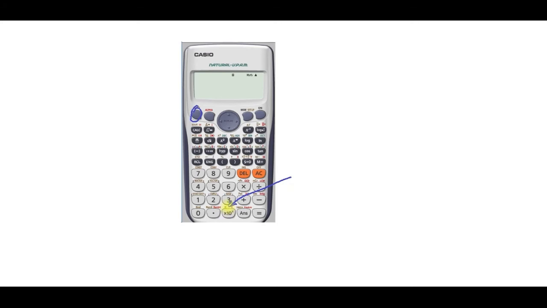Pi is a thing we use a lot. Rather than enter it as a number, you can get the calculator to enter it for you, and to do that you just press shift and you access the pi above the key there. Well, let's get straight into it and demonstrate how you enter numbers into the calculator in engineering notation.